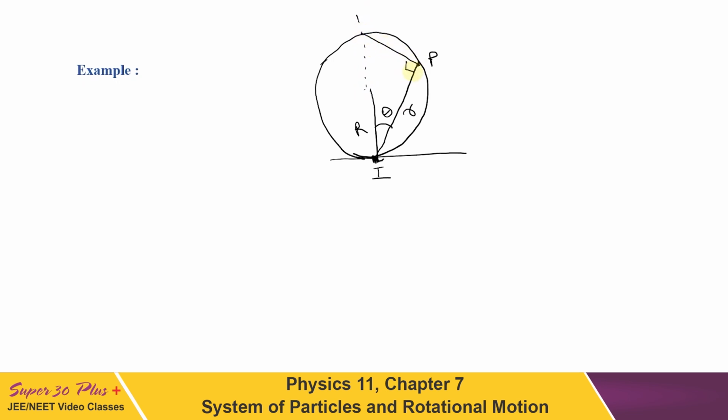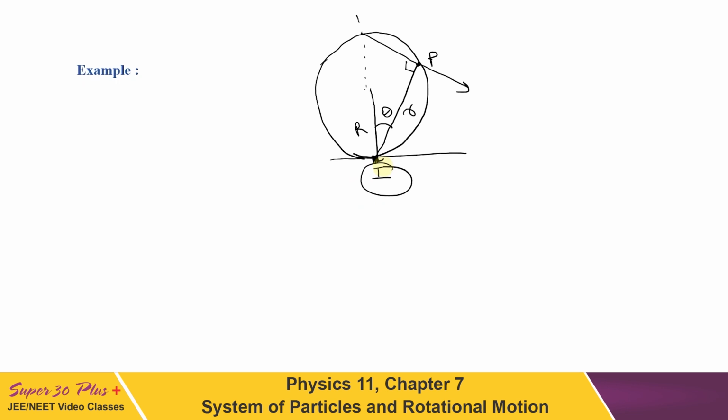So velocity of P has to be along the direction of this perpendicular, because now this is the instantaneous center of rotation. And what is center of rotation? Center of rotation is a point for which linear velocity is equal to 0.